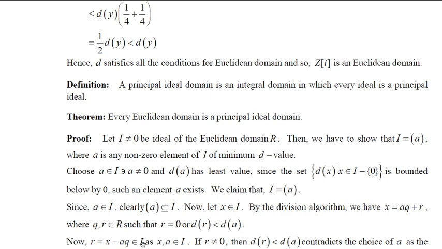Ideal means the first condition is that it is an additive subgroup. Because of that, this difference comes in I. Therefore, R is belonging to I.